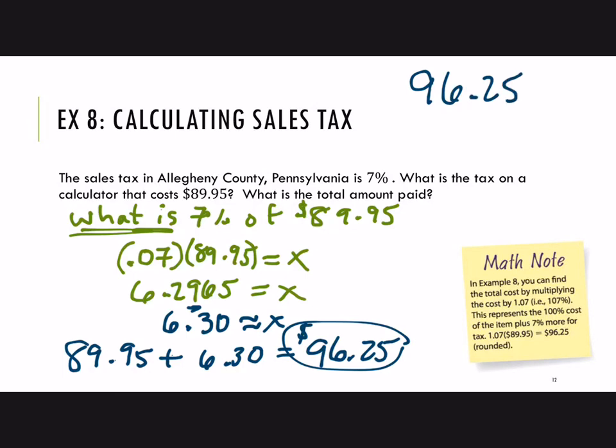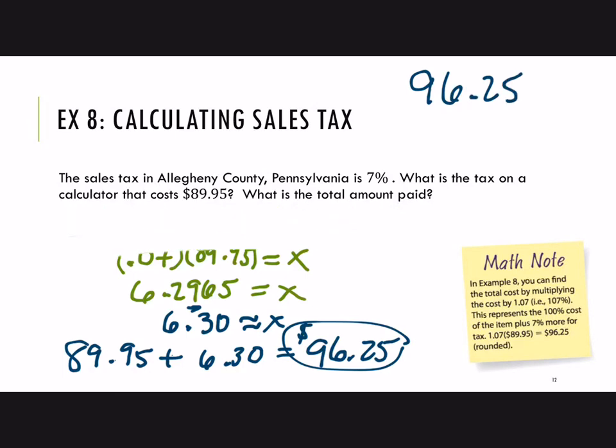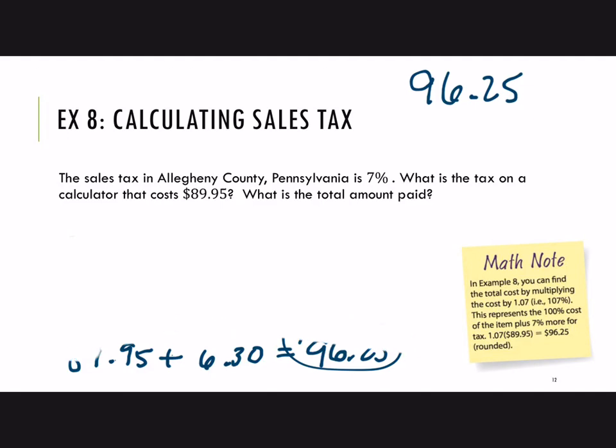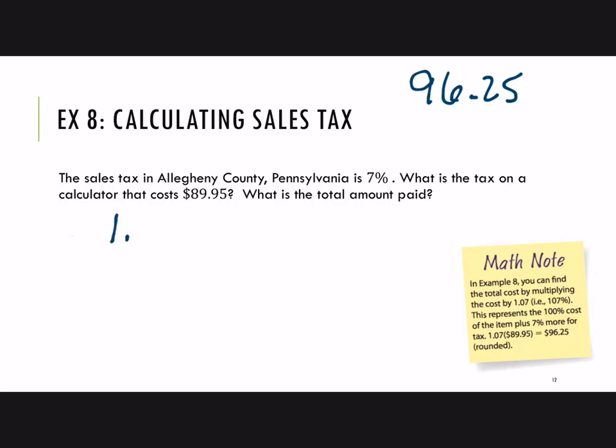All right, now there's a math note in your textbook that I've included here. Some of you may be familiar with a shortcut to finding the total amount. If you don't necessarily need to know exactly what the sales tax is, what you could do instead is multiply by, instead of 7%, 1.07 times the amount, and then that gives you the total amount.